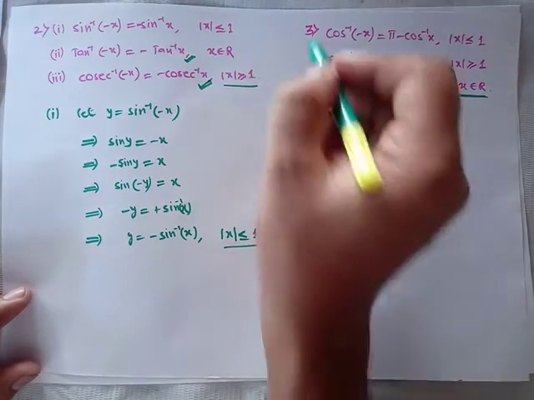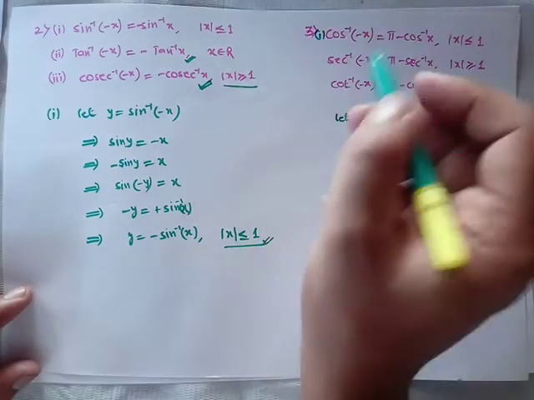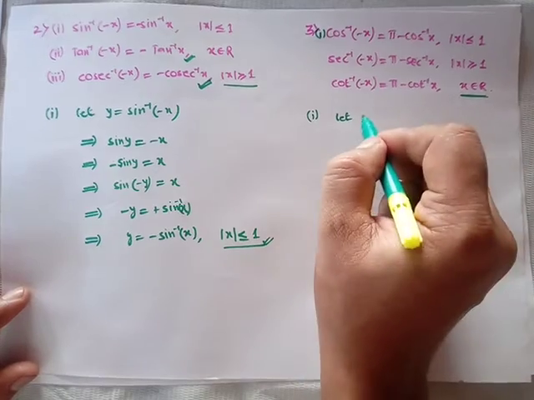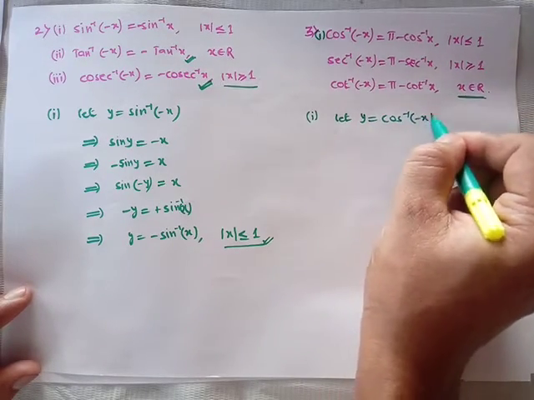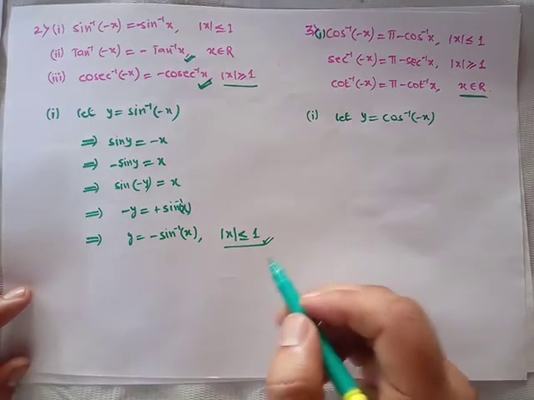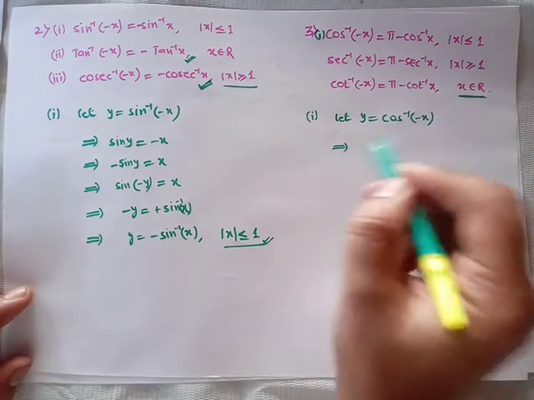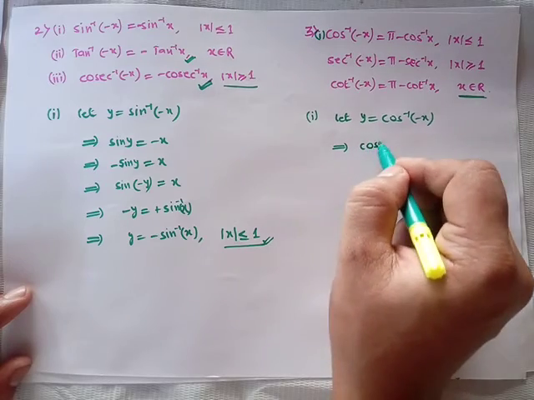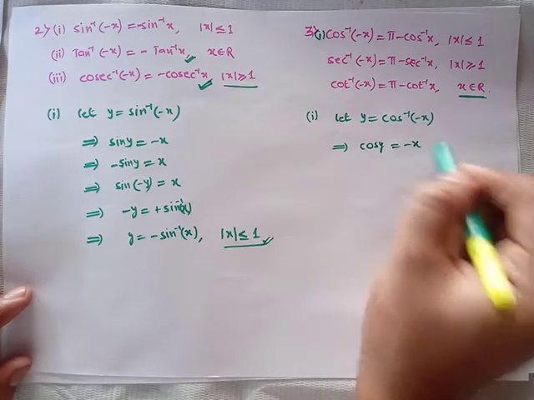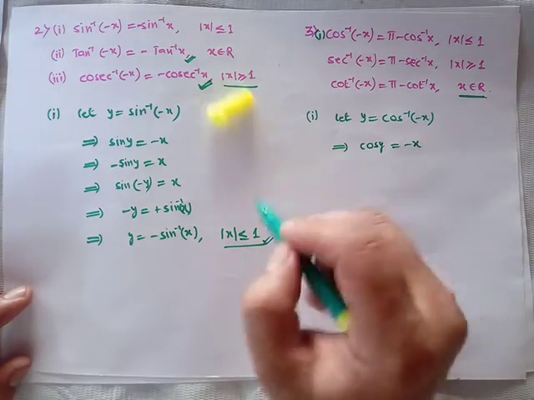I'm taking the first one here. Let y is equal to cos inverse of minus x. Now send this cos inverse to the left hand side, then it will become cos y is equal to minus x.